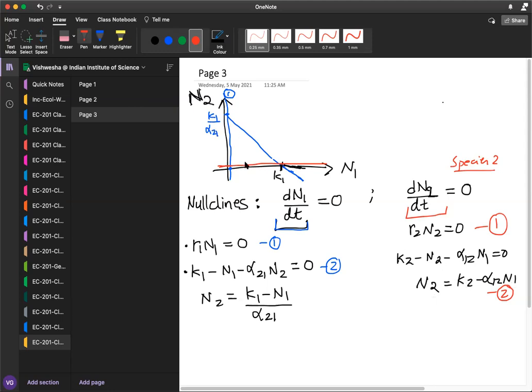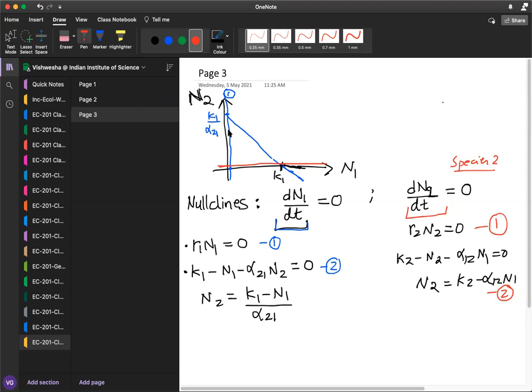So here we now have to make some choices. When N1 is 0, the second null line has a value of K2. So where do I plot K2 here? Will K2 be here or will K2 be here? That's not clear, right? So I can now make a choice. Is K2 less than K1 divided by alpha 2, 1, or is it more?